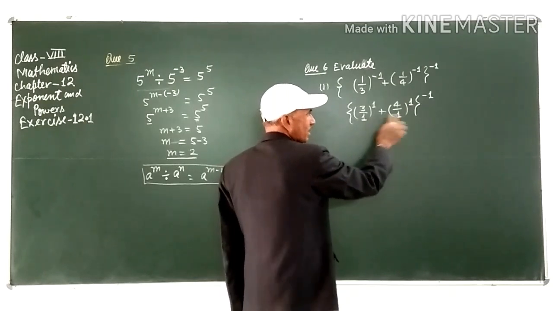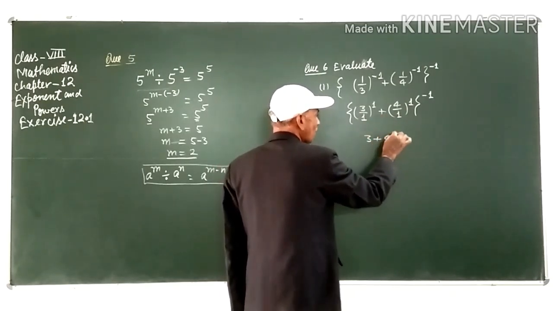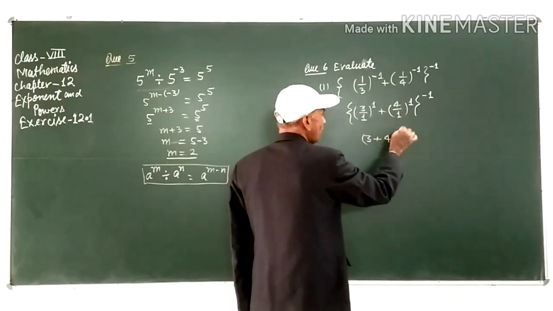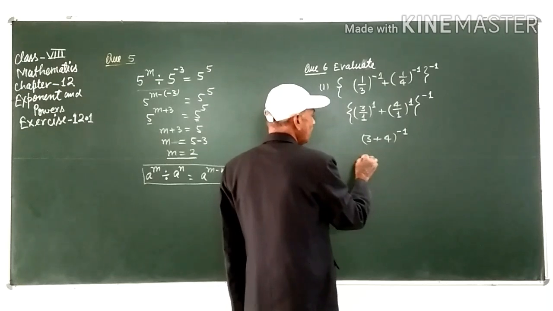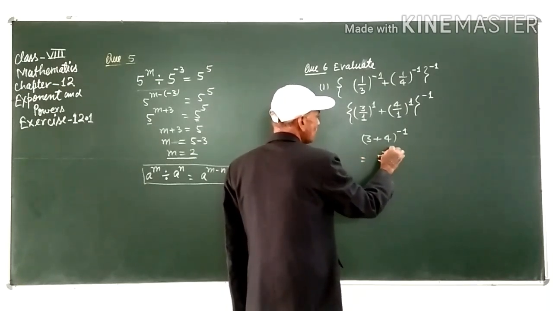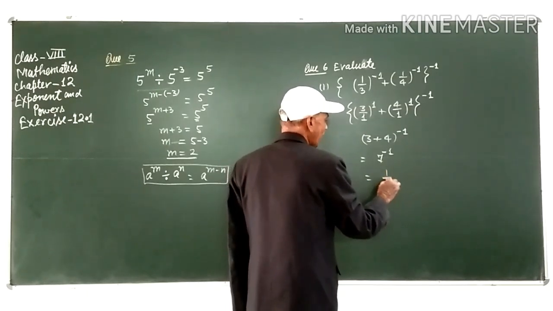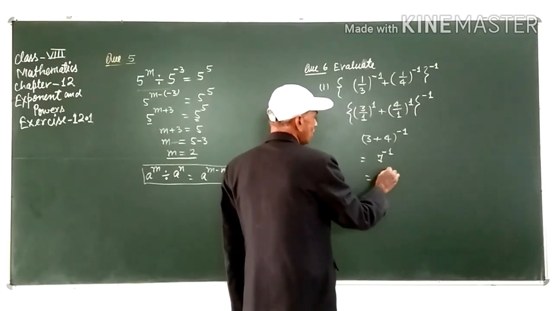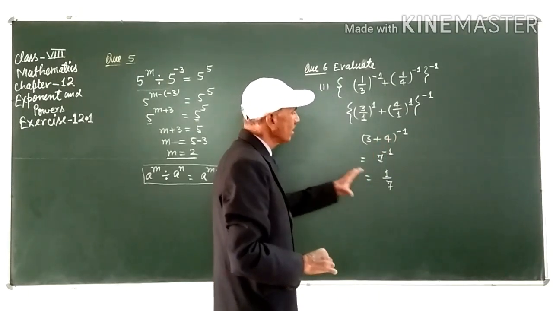So it will be 3 plus 4 raised to the power minus 1. So it will be 7 raised to the power minus 1, and it will be 1 upon 7. So the solution of this part of the question will be 1 upon 7.